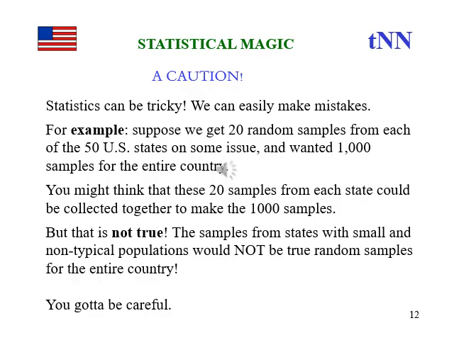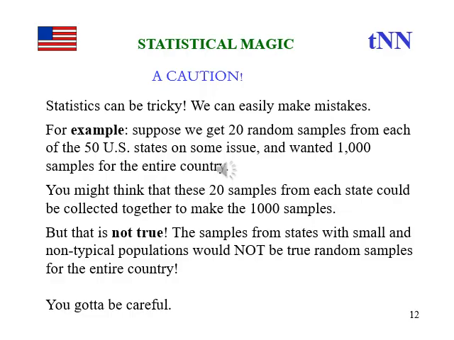A caution: statistics can be tricky. We can easily make mistakes. For example, suppose we get 20 random samples from each of the 50 United States and wanted 1,000 samples for the entire country.